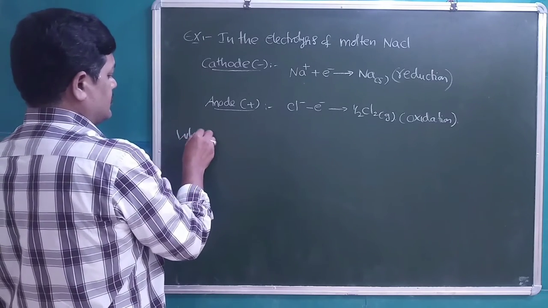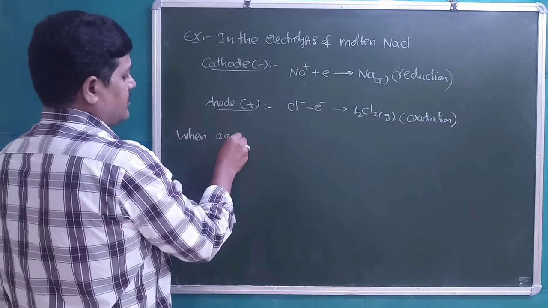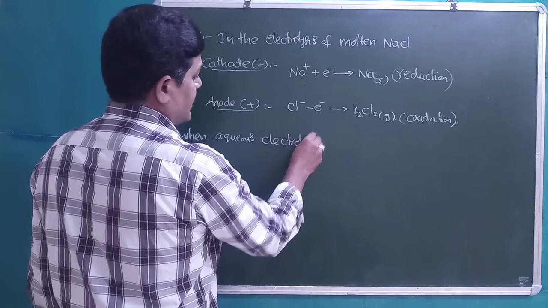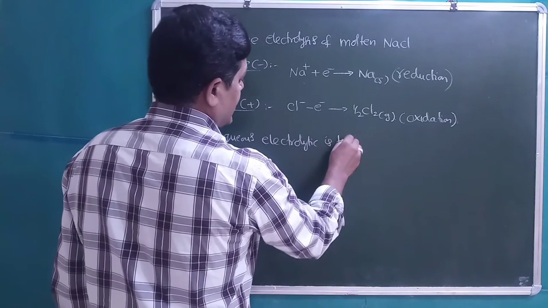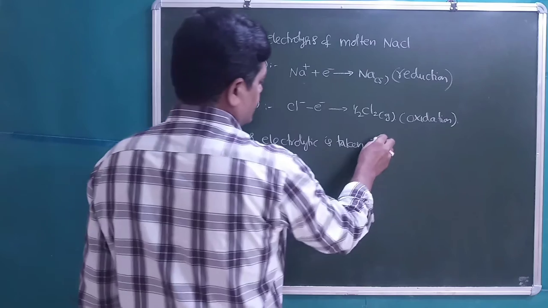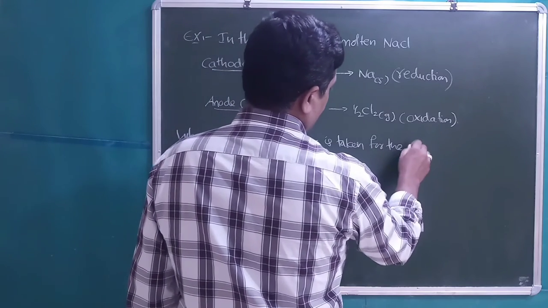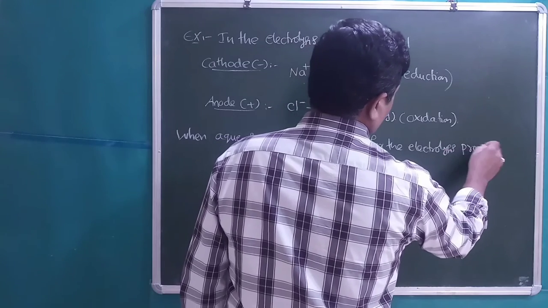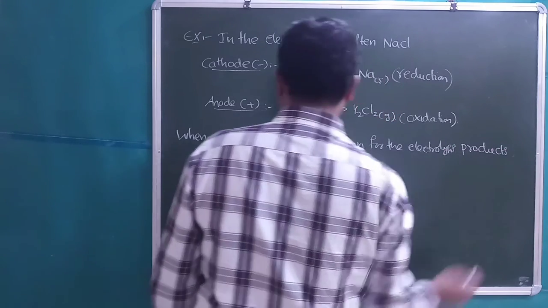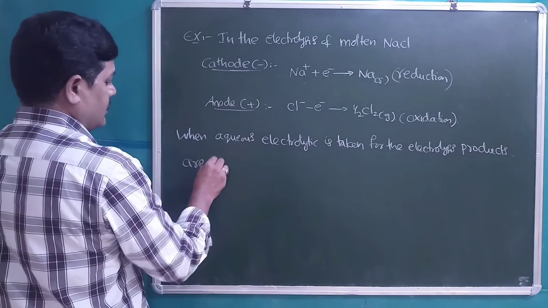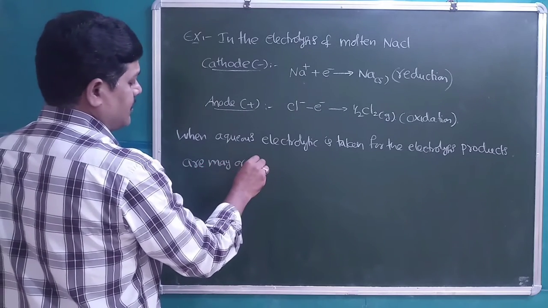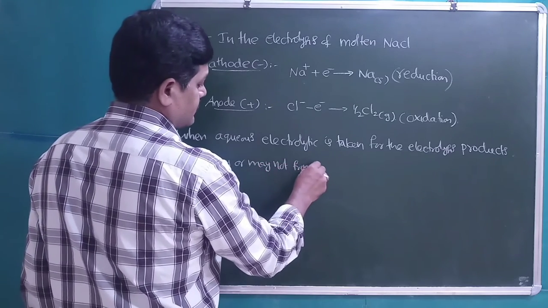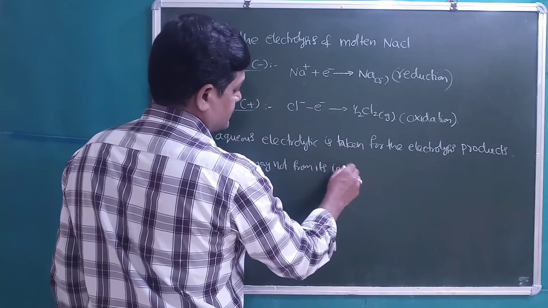When an aqueous electrolyte is taken for the electrolysis, the products may or may not be from its ions.